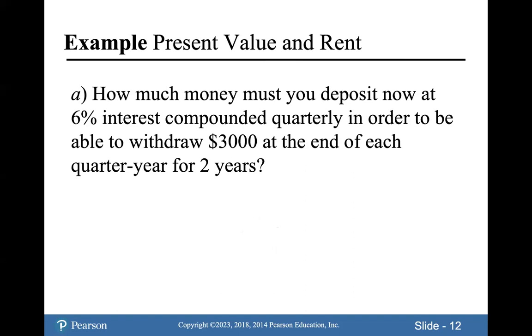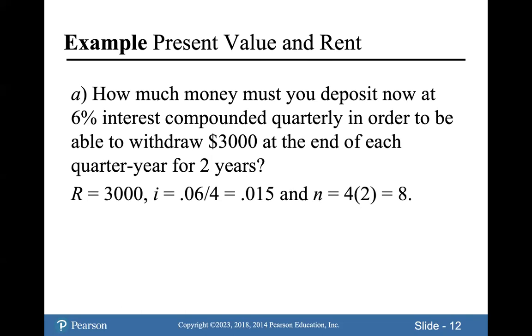This is kind of similar to the scenario earlier where the person won the lottery and wanted to be able to take out $5,000 a month. So in this problem, R is 3,000. I is 0.06 divided by 4, which is 0.015. And the total number of deposits will be 4 times 2, which is 8.